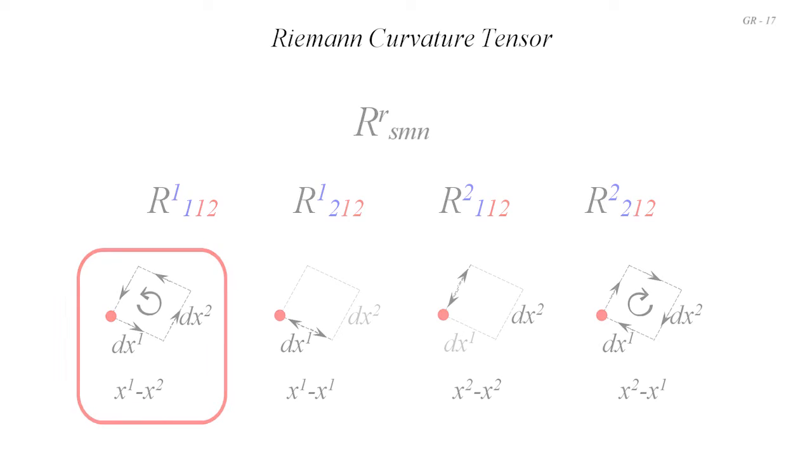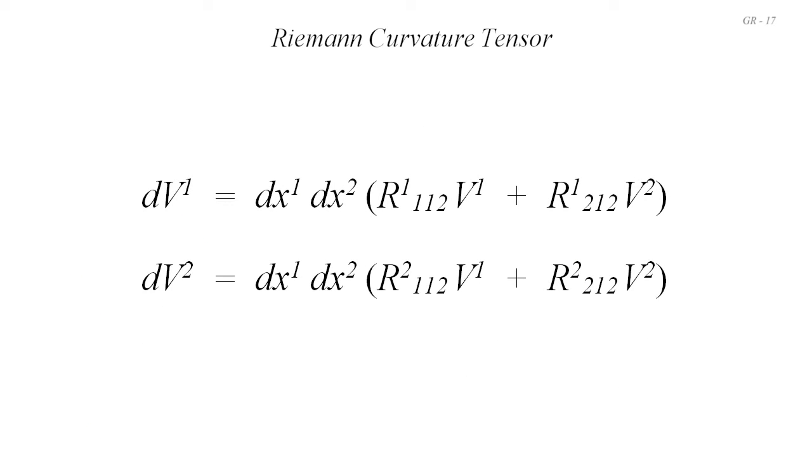Before we do that, let's look at our simple two-dimensional equations for dv1 and dv2 again, this time without the colouring of the indices. Notice that the first upper index of the Riemann tensor is the same as the index of the dv component which it is computing. 1 for these two because they're in the dv1 equation, and 2 for these two because they are in the dv2 equation.